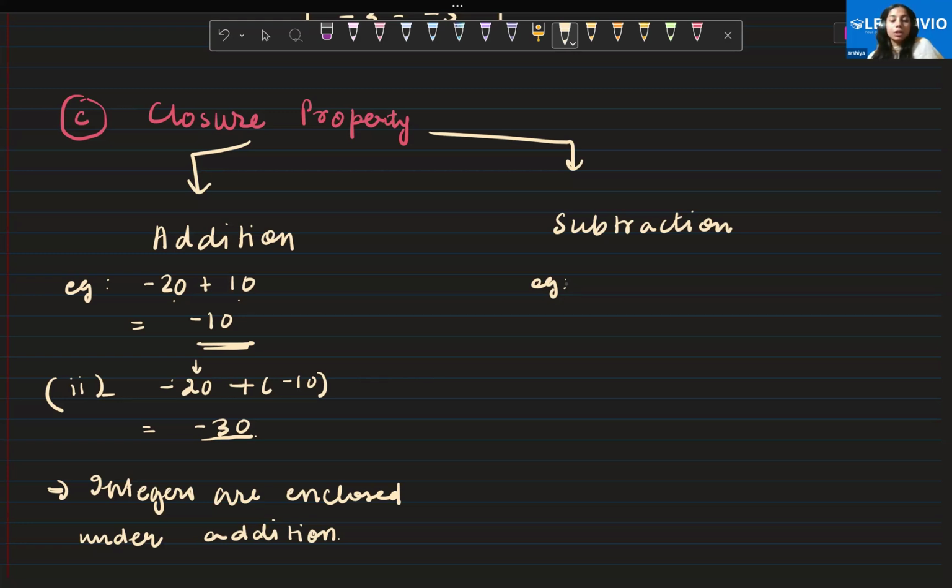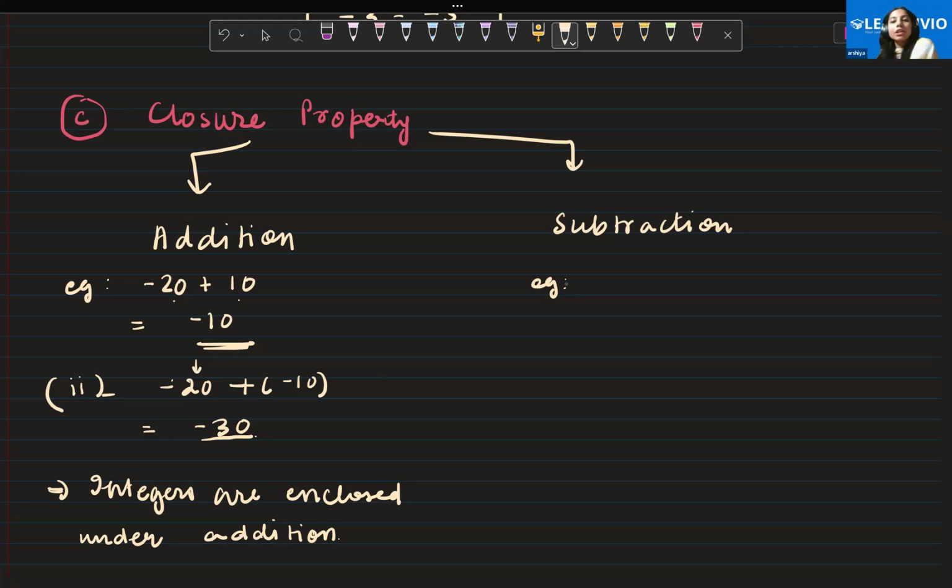Okay, you answer. What does the closure property say? Yes, ma'am. I was saying, what does the closure property say? For addition only.